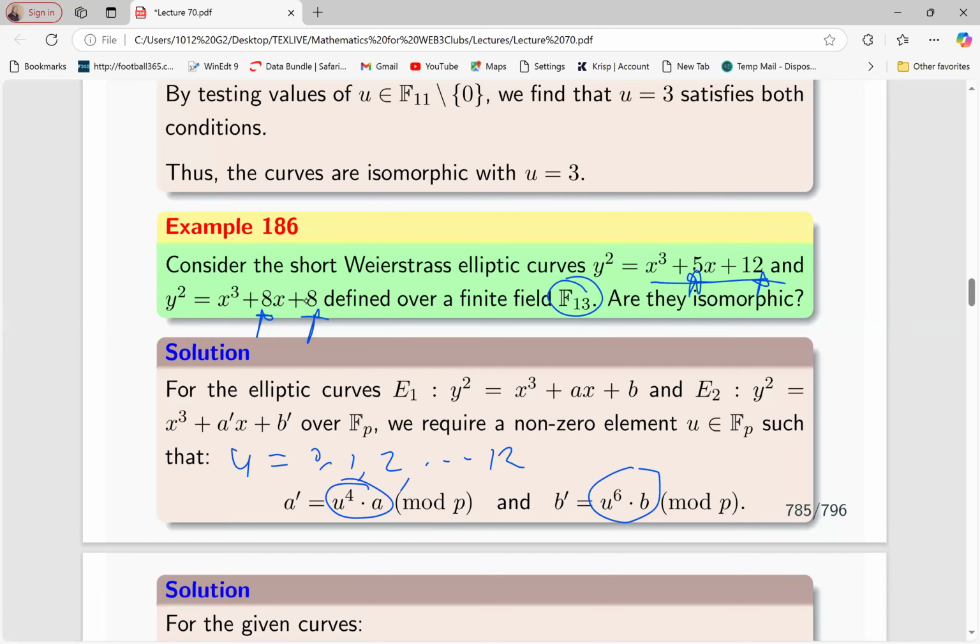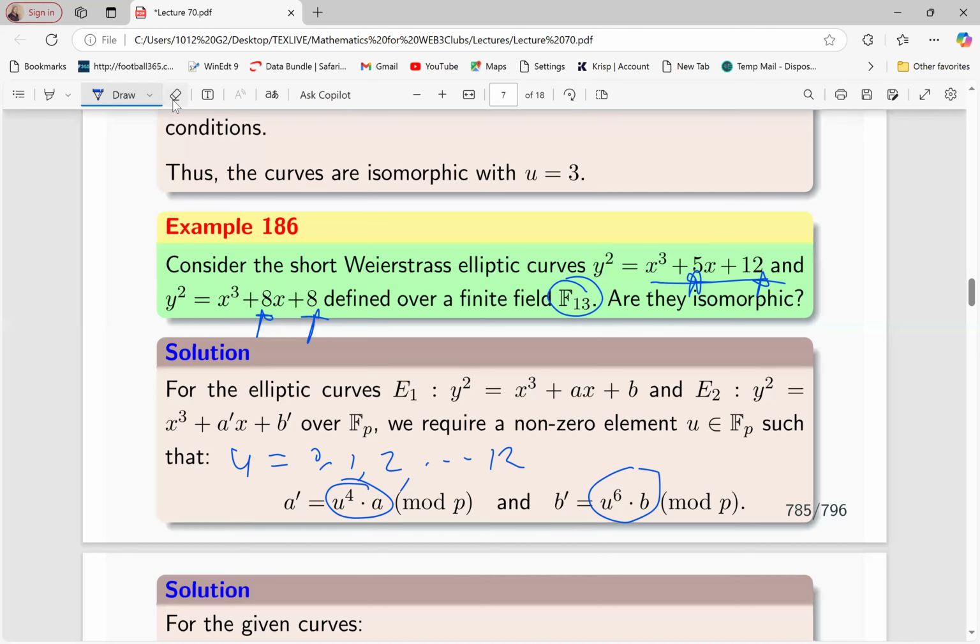Both conditions must be met for it to be the u we are looking for, not just one condition. So we try all those and see whether we can get this one value that meets those conditions.